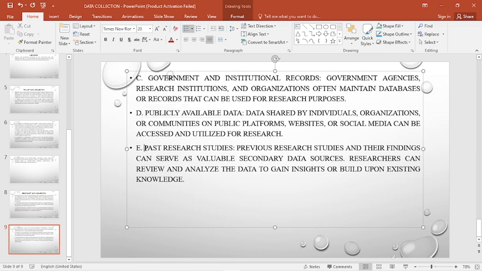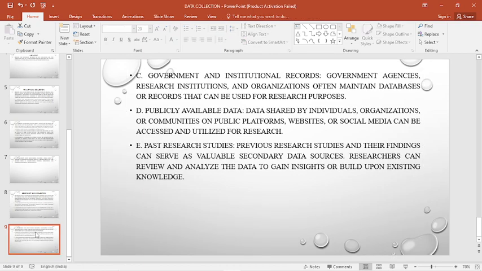And the last one is past research studies, also called literature review. Previous research studies and their findings can serve as valuable secondary data sources. Researchers can review and analyze the data to gain insight or build upon existing knowledge. So all these things are secondary data.